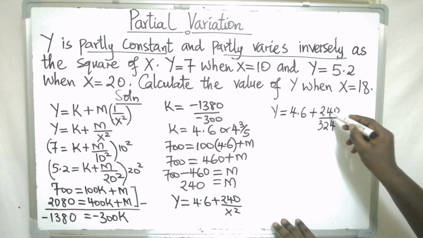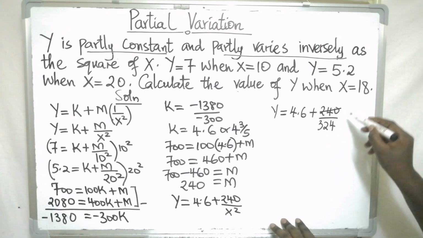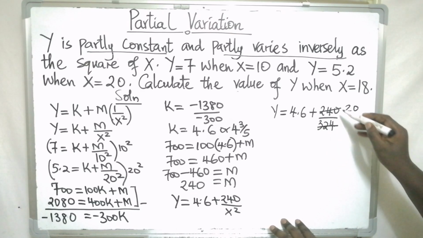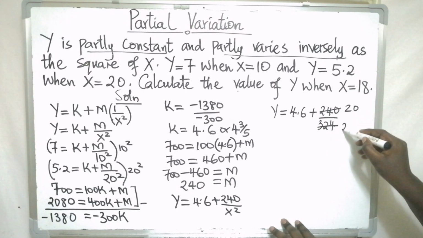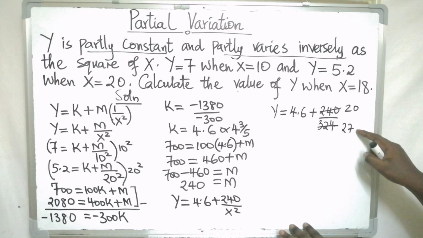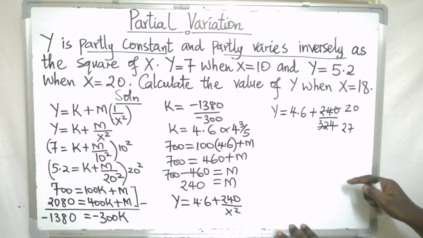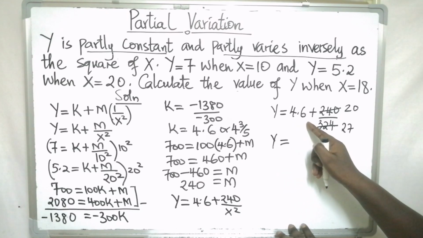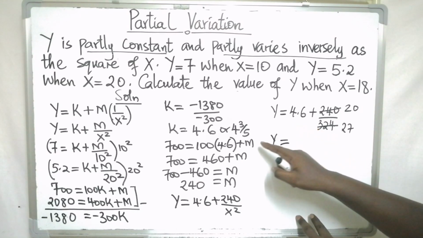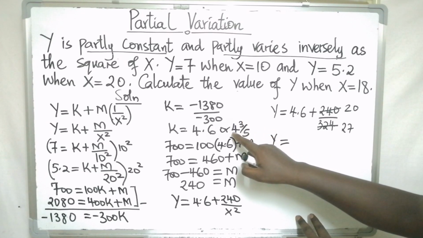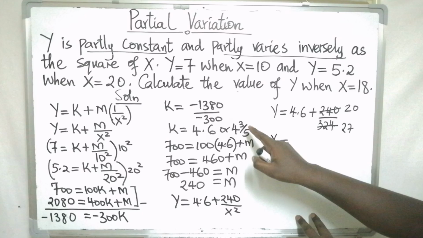So you divide this one by 12, you get 20. By 12 here you get 27, so that we work with simpler fractions. So we're going to get our y as 4.6, which I had said can be written as 4 and 3 over 5, which is the same as 4 times 5 is 20 plus 3, 23 over 5.